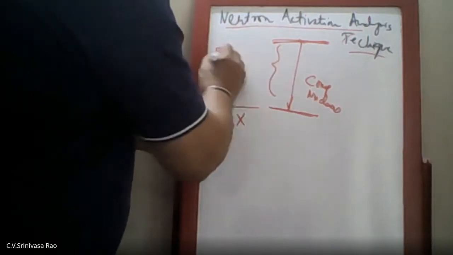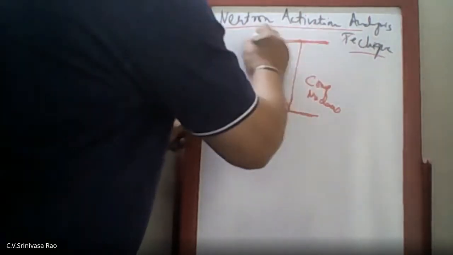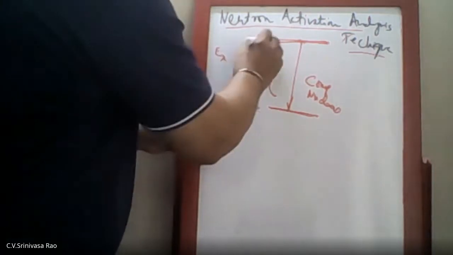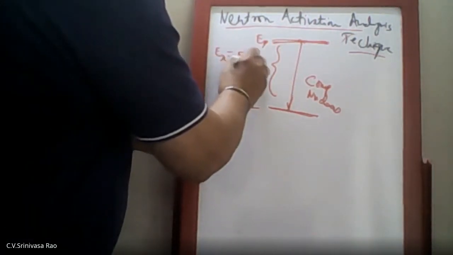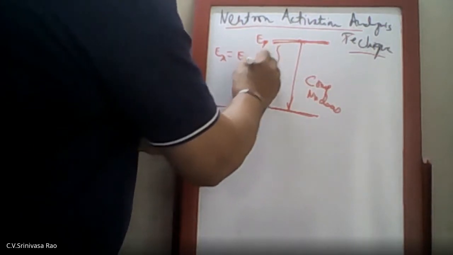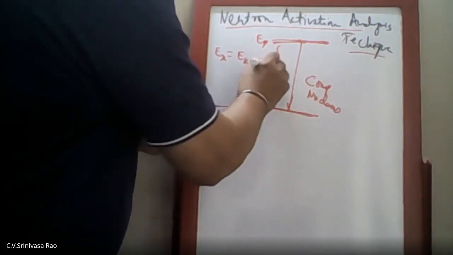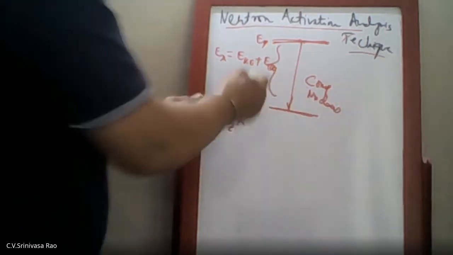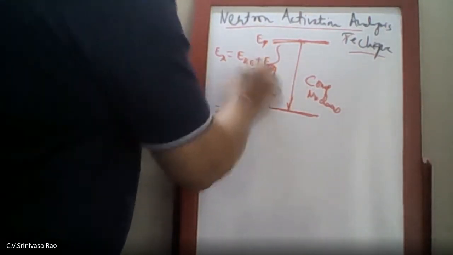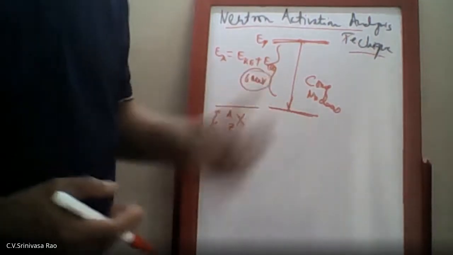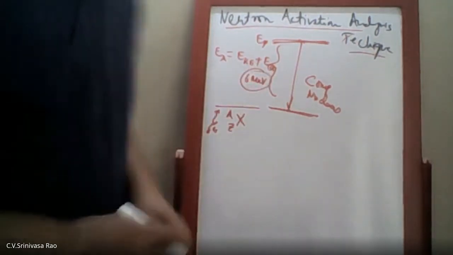So the total excitation energy, Ex, is basically the kinetic energy of the neutrons plus the binding energy. The binding energy is typically 6 MeV, taking an average over the whole periodic table.